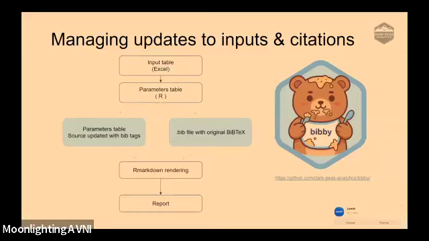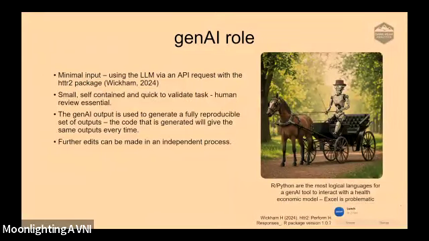The GenAI side, we've tried to do an absolute minimal task. So we got it to create the summary, and we also got it to create the review document, which I can show if we've got time in a second. I'm conscious I'm going over. But the idea here is that the GenAI output is being used to generate something that's fully reproducible.